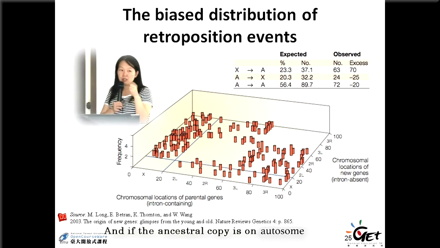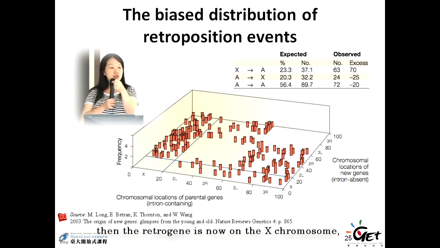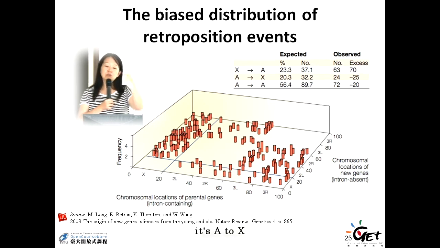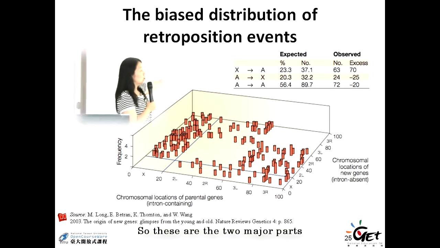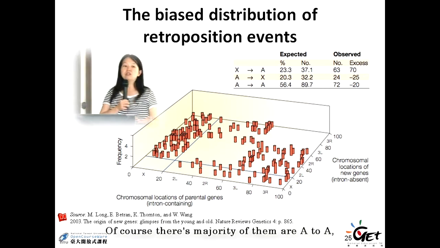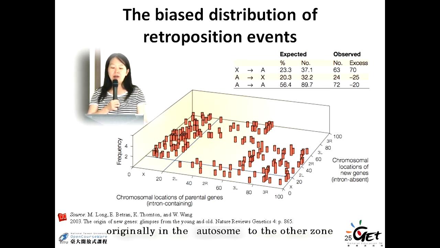And if the ancestral copy is on the autosome, then the retrogene is now on the X chromosome, that's the A to X. So these are the two major patterns they are comparing. Of course, the majority are A to A, originally in the autosome and then to the autosome.